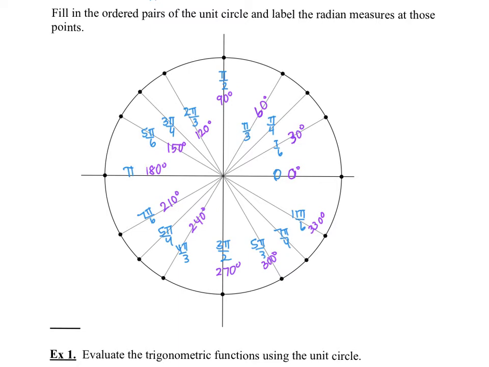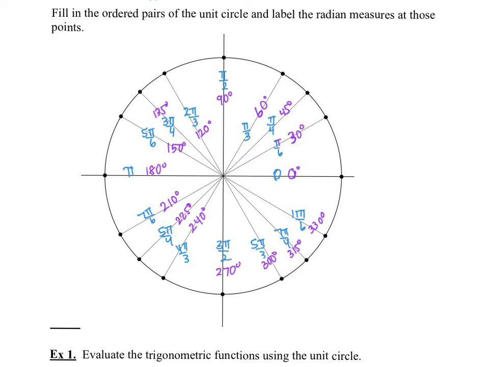Since pi over 4 is between 0 and 90, that must be 45 degrees. 45, 90. 90 plus 45 is 135 degrees. Plus 45 is 180. Plus 45 is 225. Plus 45 is 270. Plus 45 is 315 degrees. So each of these locations, those lines can represent an angle in degrees or in radians.